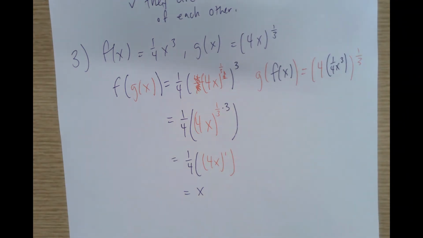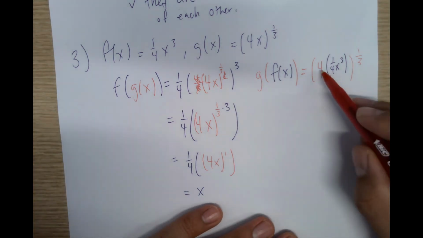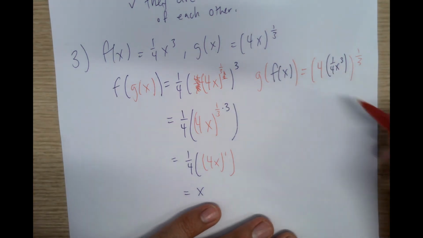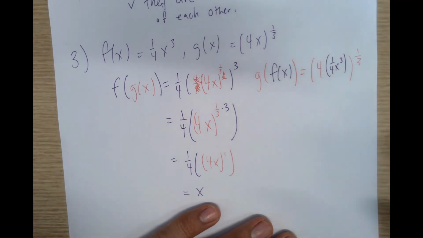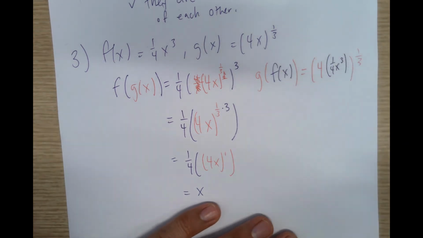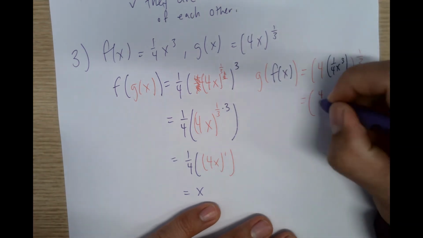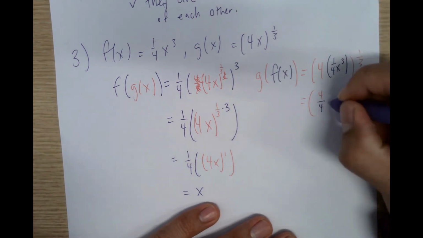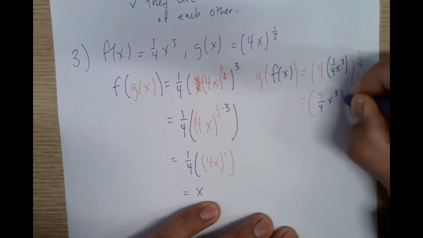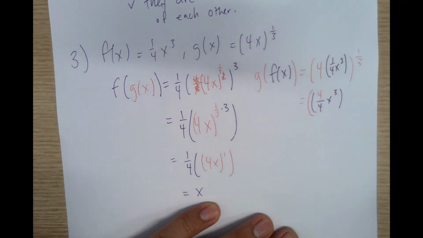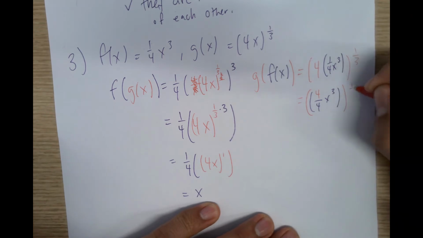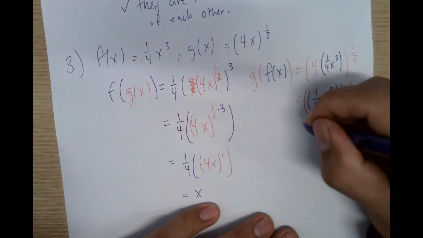Okay. The first thing you would do, because we want to handle what's inside the parentheses, is combine these. So 4 times 1/4 is equal to, I'll just write an extra step, 4 divided by 4 times x to the third, all to the 1/3.